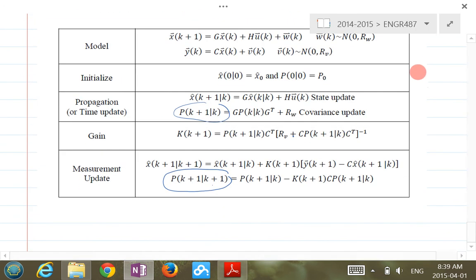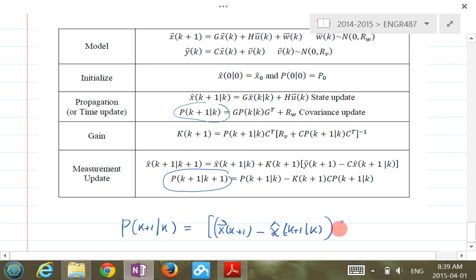And this other one is still the error, but it is between x of k plus 1 and x hat k plus 1 given k plus 1. So that's the difference. They are both error covariance matrices, but the two errors are slightly different.